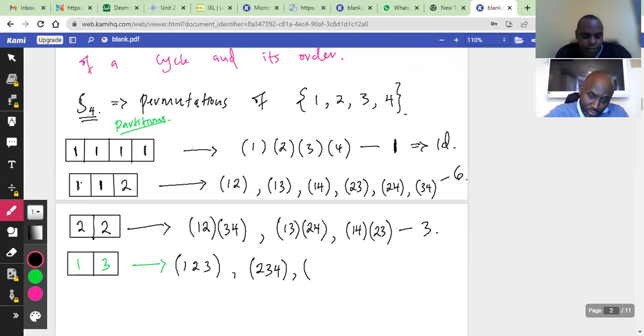Perfect. 2, 3, 1 is the same as 1, 2, 3. That's a repetition. We don't repeat an element in one set. Then 1 to 4, very good.